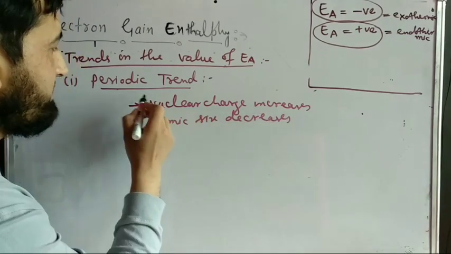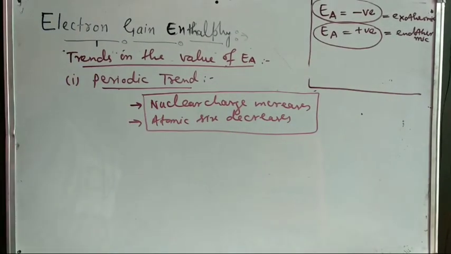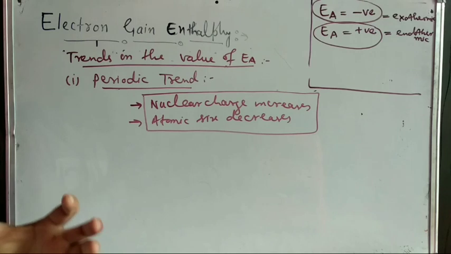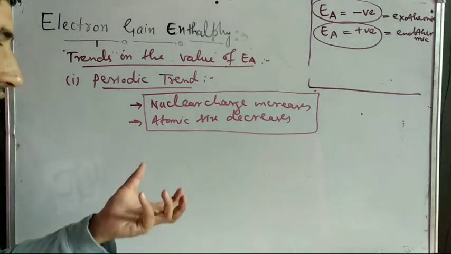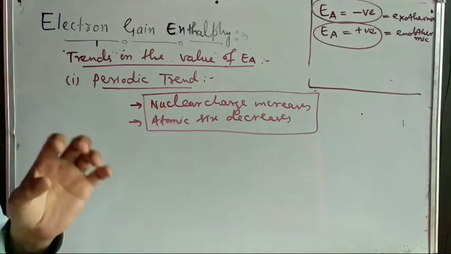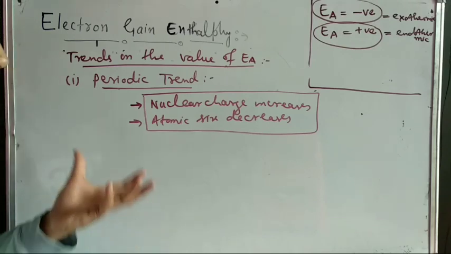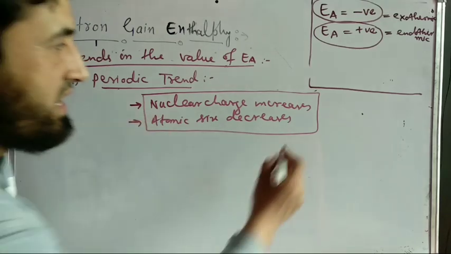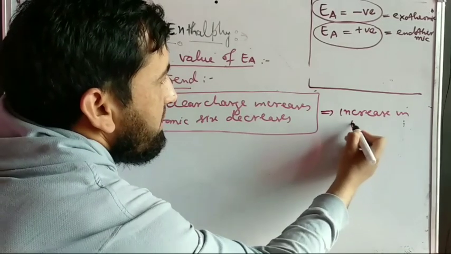Both these factors, that is increased nuclear charge and less atomic size, tend to increase the value of electron gain enthalpy, because the greater the nuclear charge, the more the nucleus will attract the incoming electron. Similarly, the smaller the atomic size, the stronger the force with which the nucleus attracts the incoming electron. As a result, both these factors lead to the increase in electron gain enthalpy.